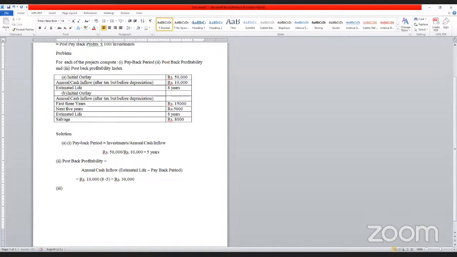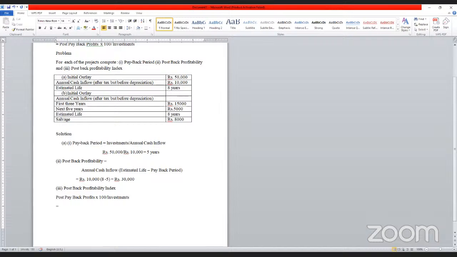I will do the third calculation: post payback profitability index. Post payback profitability index is equal to post payback profits into 100 divided by investment.